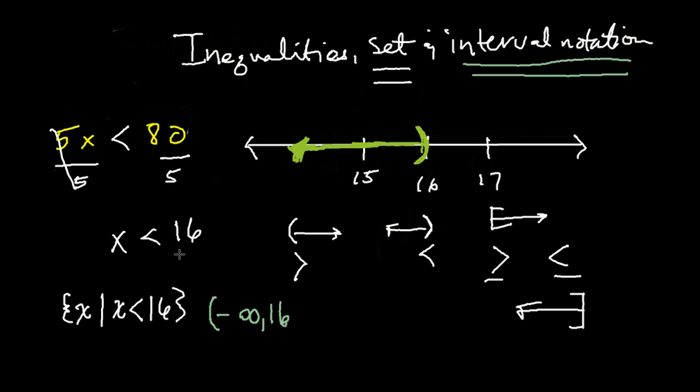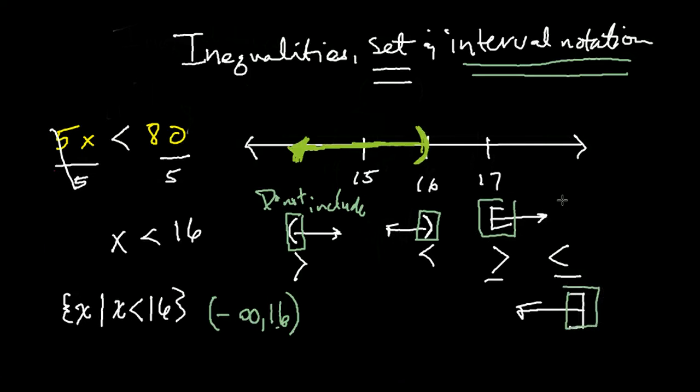Because it doesn't include that largest number, we use the parenthesis symbol there. These symbols mean that they do not include either the minimum or the maximum number, whereas square brackets say that they do include the minimum or the maximum number.